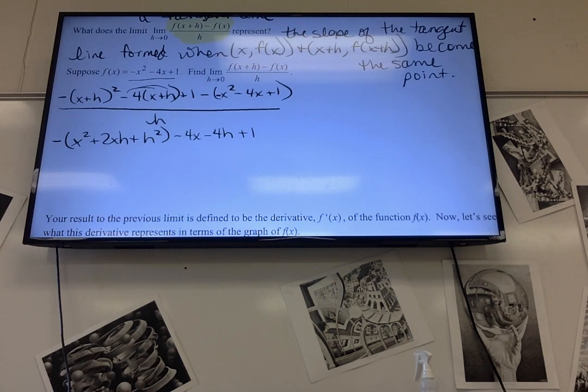Still plus 1. Plus x squared plus 4x minus 1. Yep, distribute the minus sign. The 1's cancel, the x squared cancels, the 4x cancels, all over h. Yeah, a lot of stuff cancels.